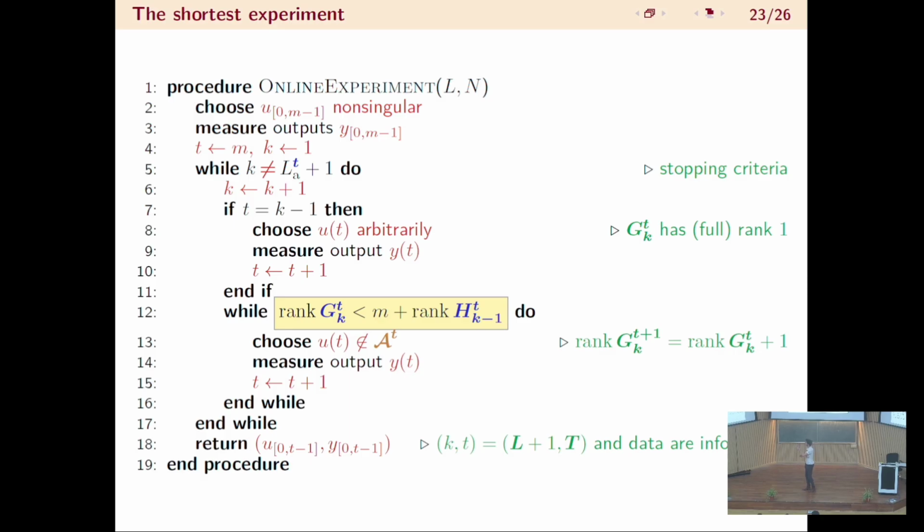So, if I put everything together, we constructed this online experiment design algorithm. Yeah, okay. I don't want to show you all the details. I realize this is a bit difficult to read. But let me point out the following main aspects. So, we have this while loop that checks the stopping criterion. So this checks whether indeed k is equal to L_A plus 1 or not.